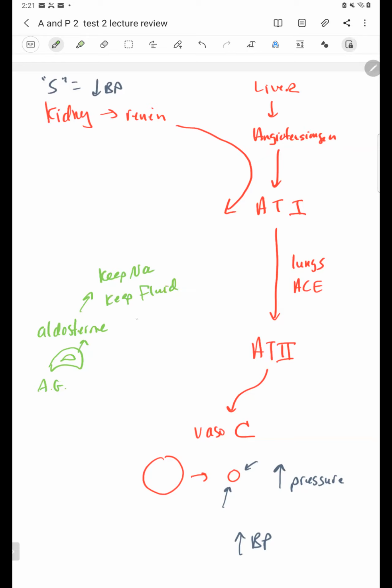Okay, so when you keep fluid, you've just increased your blood volume. When you increase blood volume, that's going to increase blood pressure.